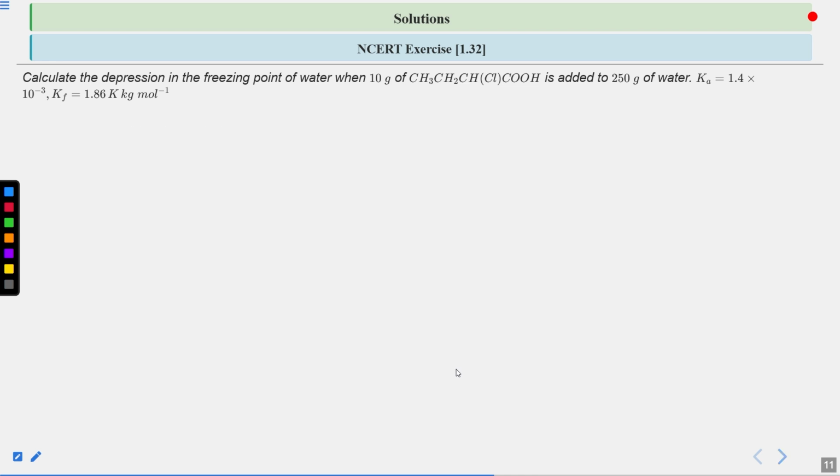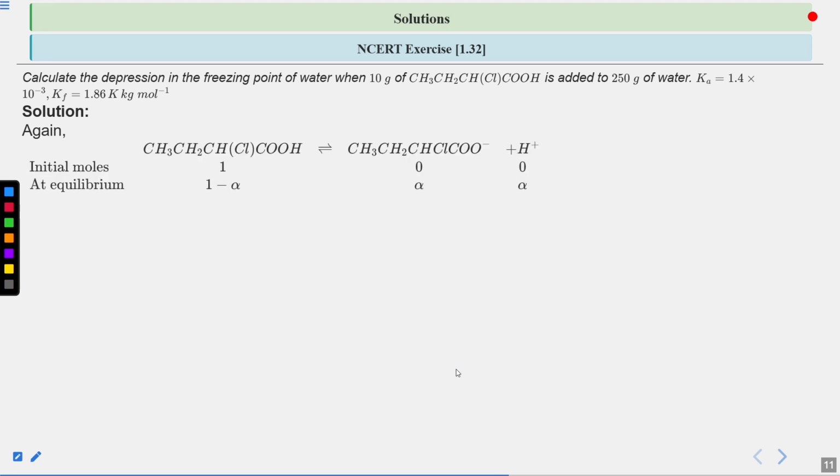Now what will we do? We have the Ka value now and the alpha value also. Then again we can say, for the dissociation, 1, 0, 0. I am doing the derivation, or you can use the formula that I have told you earlier, which is alpha is equal to i minus 1 by n minus 1. Or you can do the whole process which is being done here.